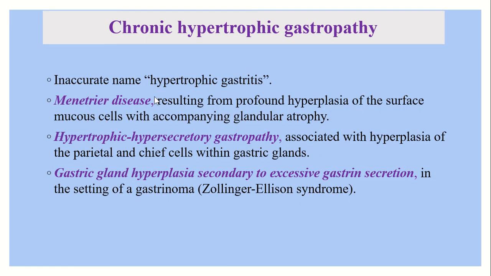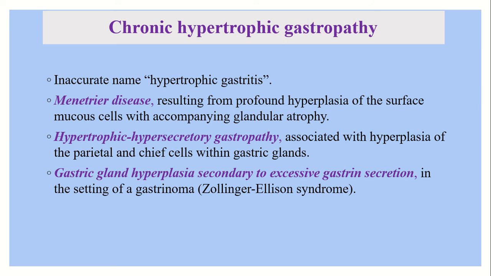The third type of the so-called gastritis is the chronic hypertrophic gastropathy. This is not true gastritis. The name is inaccurate. There are three diseases in which we can find this hypertrophic gastropathy.